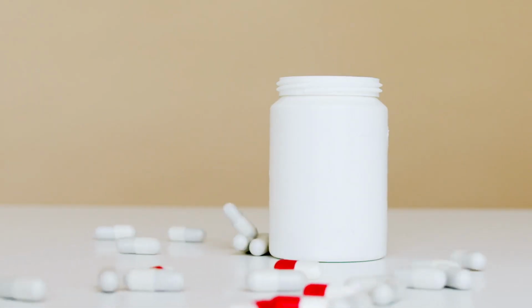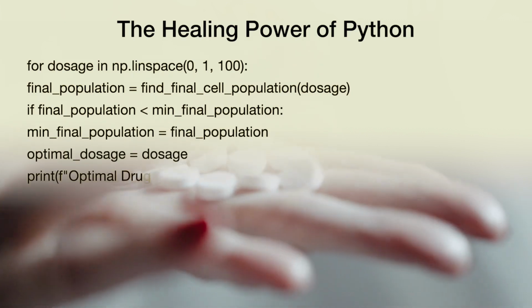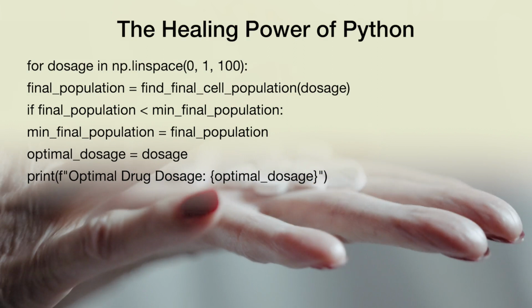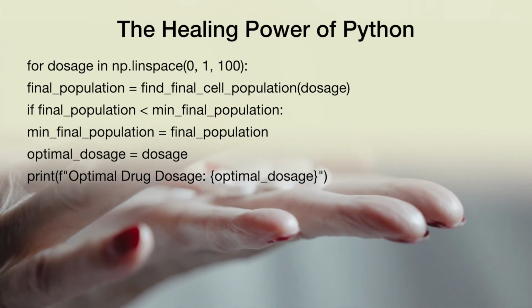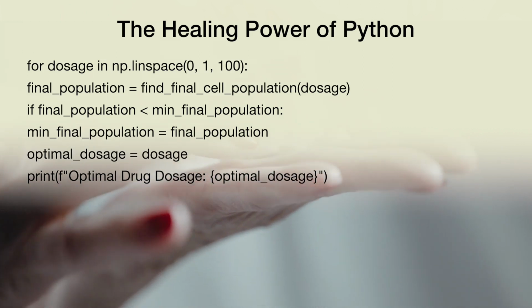Similarly, for doses in np.linspace, whatever its parameters are, the doses will go into each of it, and what it is going to do is find final population equals to find final cell population. Yes, so we are iteratively going into it and trying to find the final cell population by taking the doses as one of the parameters inside this final cell population function.